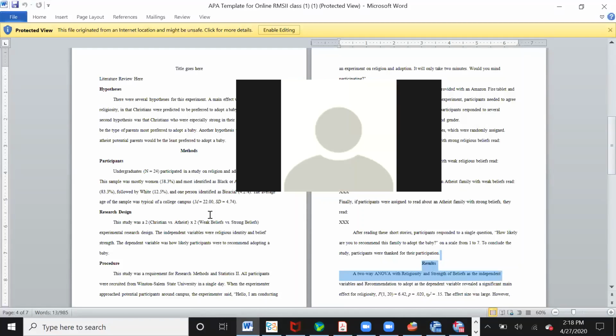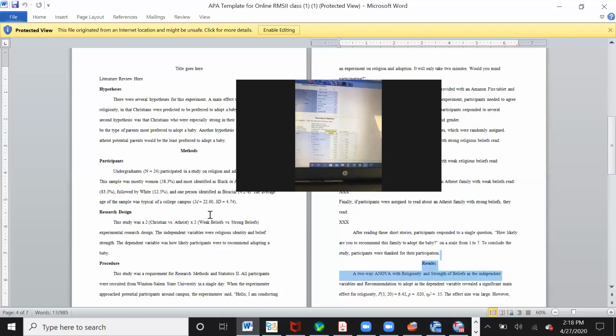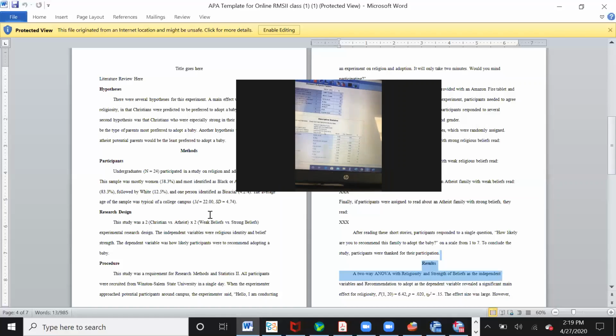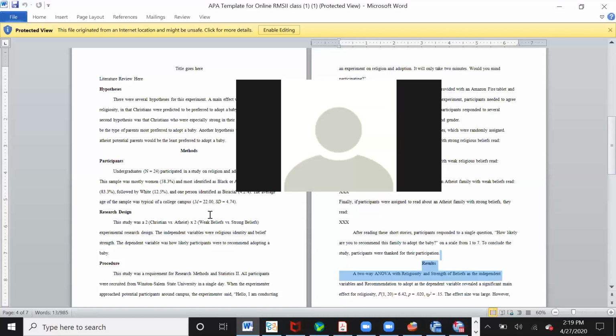Oh, how much I agree with the statement, "When my parents punished me, they were very tough." No, that's your dependent variable. Your second independent variable is "report how much you agree with the statement, 'When my parents punished me, they were very tough.'" Okay, I see what happened. So we were both on the same page.